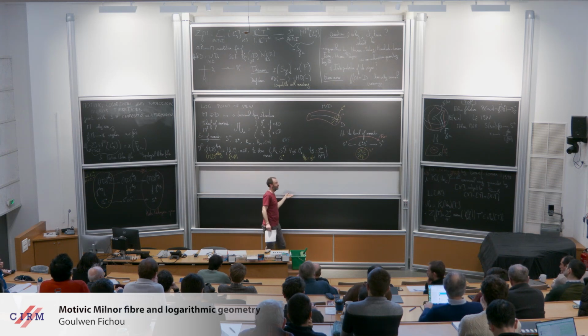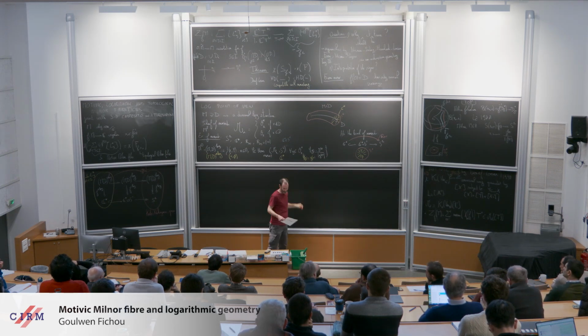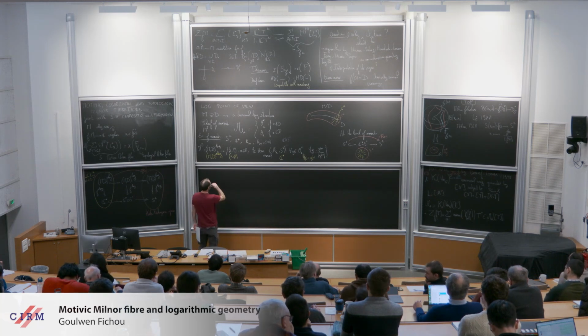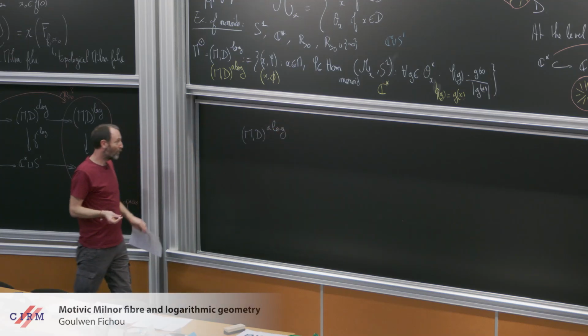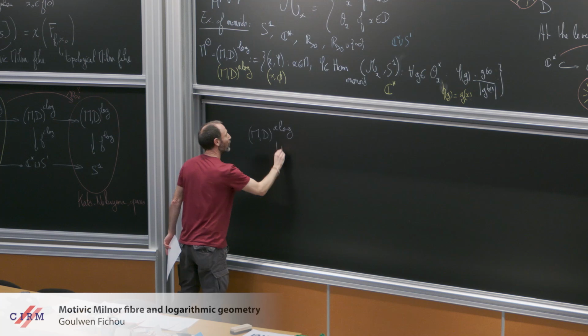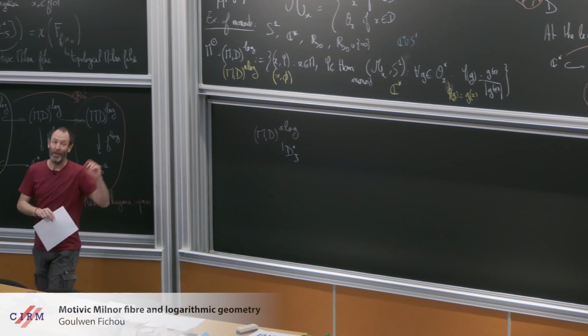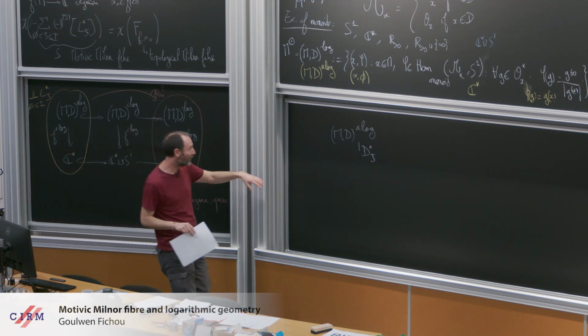So let me finish with that. We have this, let's say, alog, the algebraic one. You can restrict it above, let's say, one of the strata which appear in the resolution or in your divisor.